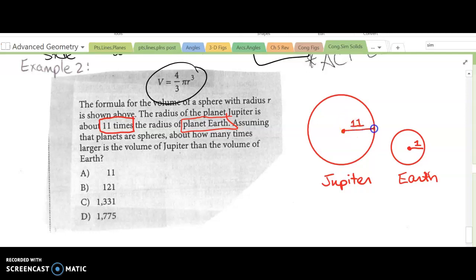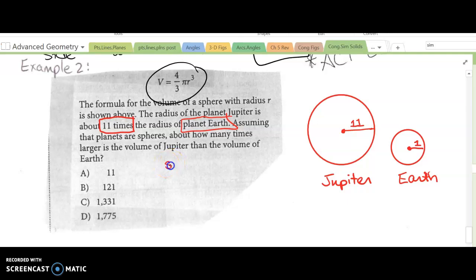Now, we don't know what Jupiter's radius really is. We don't know what Earth's radius really is. I mean, we could Google it, but what we do know is whatever the ratio is, it reduces to 11 to 1. Okay, so assuming that the planets are perfect spheres, about how many times larger is the volume of Jupiter than the volume of Earth?